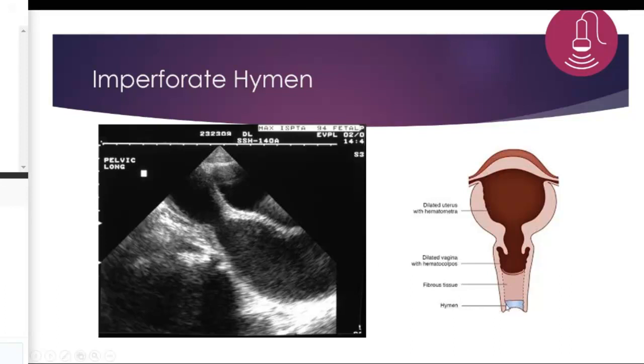So it's seen kind of low within the vagina. That can cause hematometra and hematocolpos. Like in this image, we have the vagina full of fluid and then the uterus full of fluid there as well.